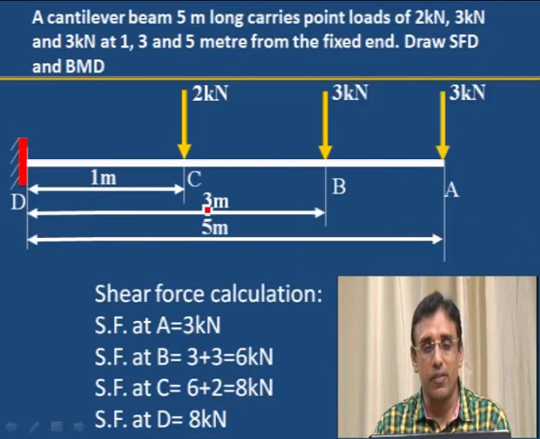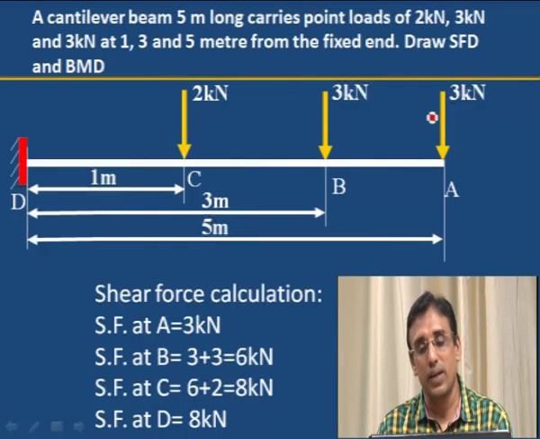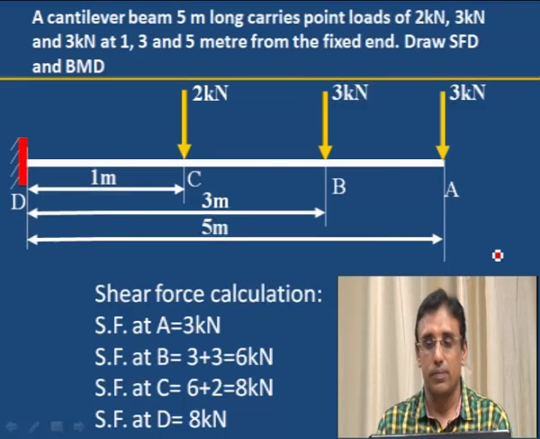Like this we can calculate for any number of point loads. We have to keep on adding the forces at that particular point, and we will get the shear force.